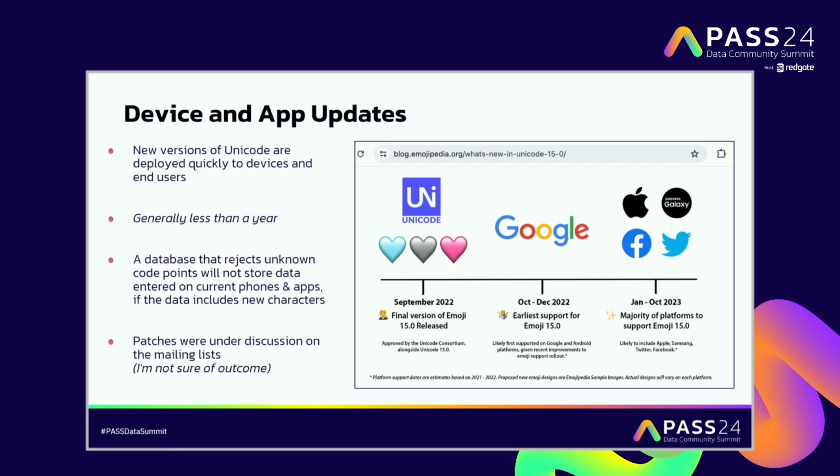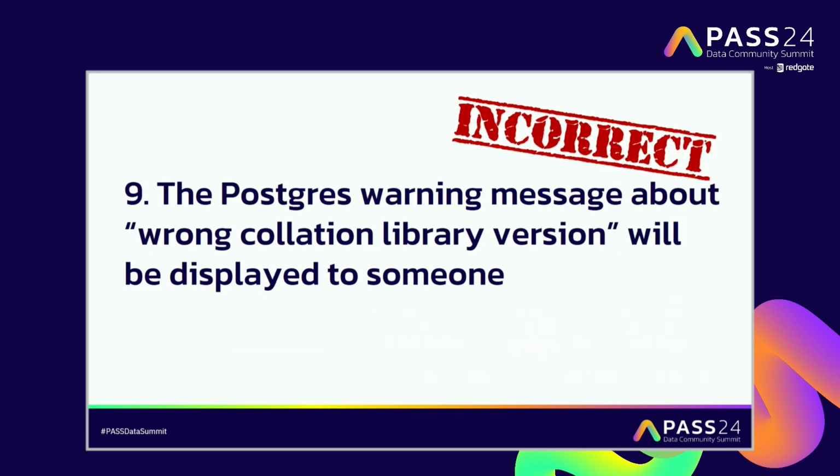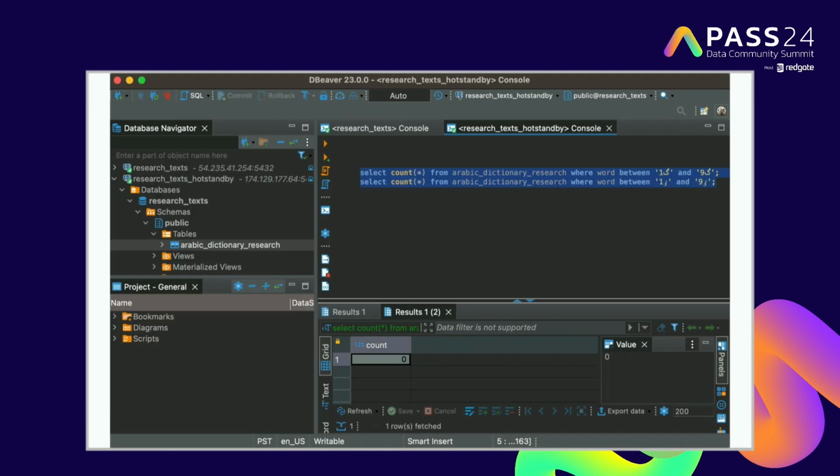So on those updates, one good thing about Postgres is that it will try to detect if the version of the library changed, and it'll display a warning message, right? Well, if you go through the steps that we had, in fact, no warning message was ever displayed.